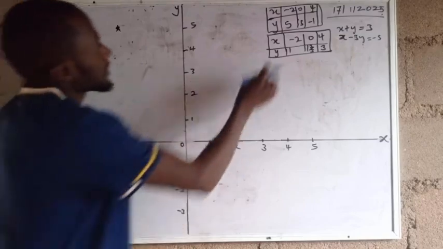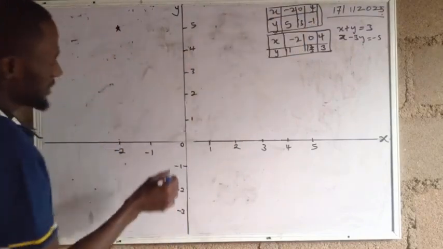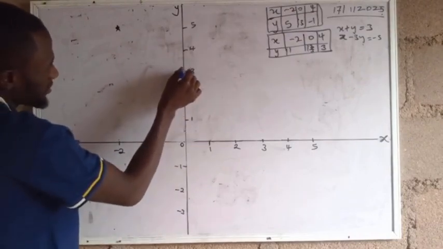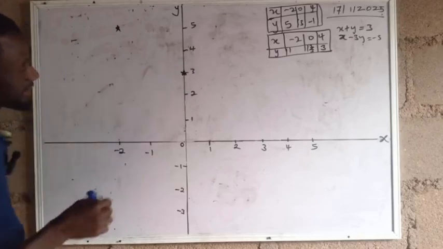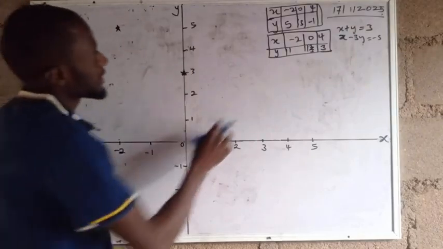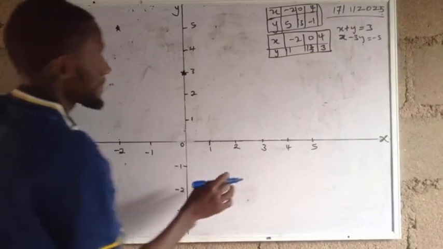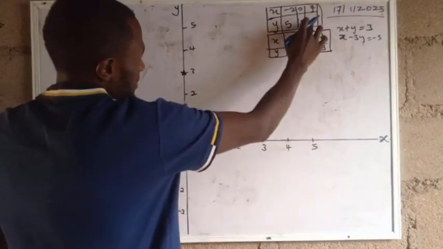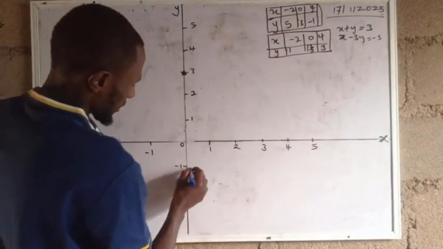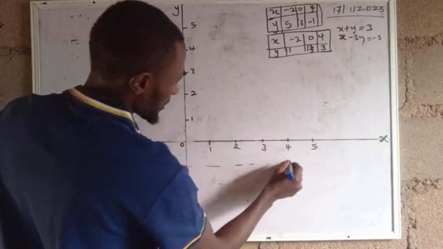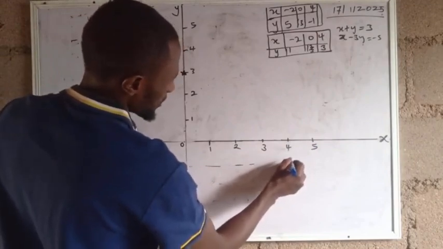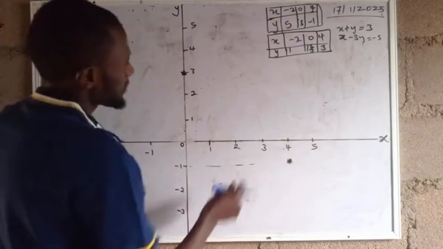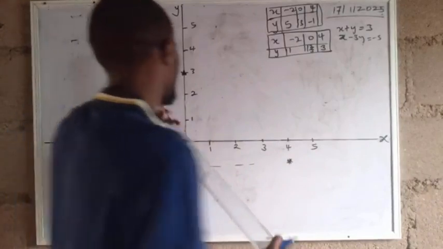Then if x is 0, y is 3, somewhere around here. When x is 4, then y is -1, somewhere around here. Then we are done with the first graph.